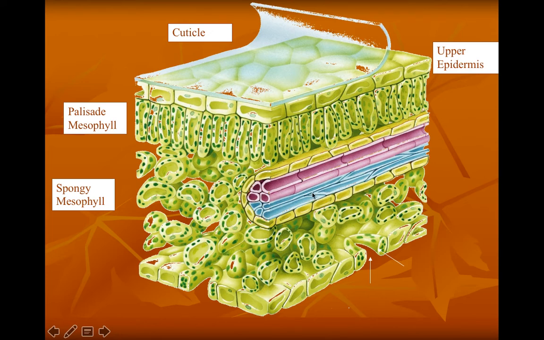Now this right here is one of the veins of the leaf up close. This is a vascular cylinder, and you can see the blue, that's the xylem. You might want to jot that in there. I know I don't have a label, but that's the xylem, and that's the phloem. The xylem brings water here to make these spongy mesophyll cells damp, moist on the outside.